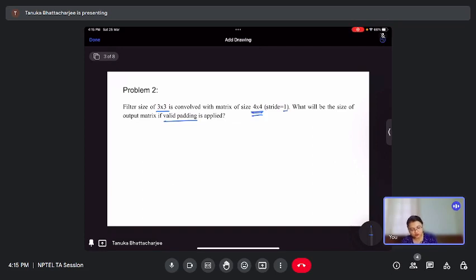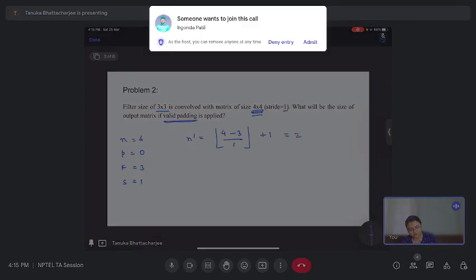Here your input matrix size n is 4, and since we are doing valid padding, p is 0, your filter is 3 and your stride is 1. So your n dash will be floor of (4 minus 3) by 1, plus 1, so 2. Your output matrix size will be 2 cross 2.